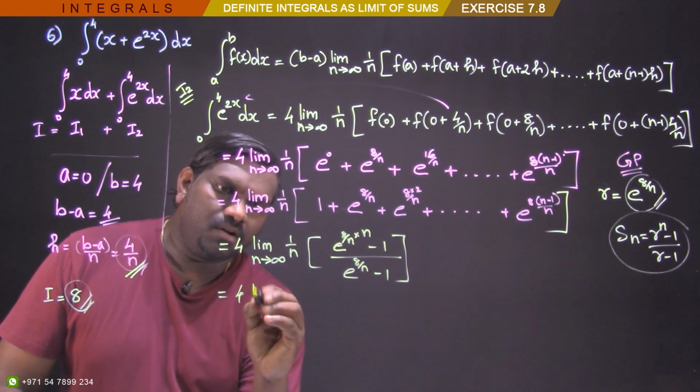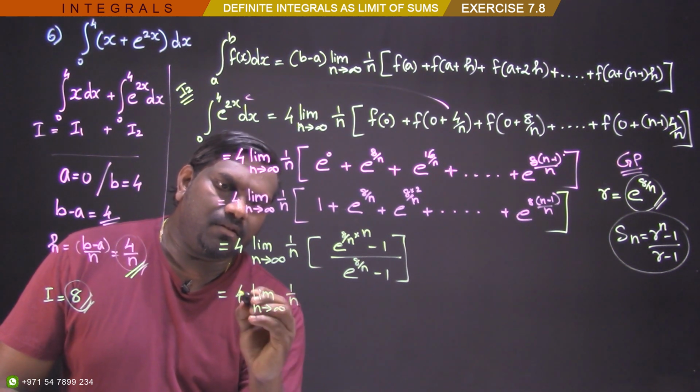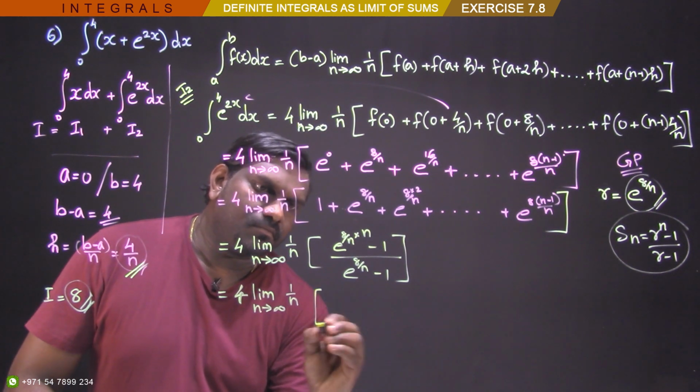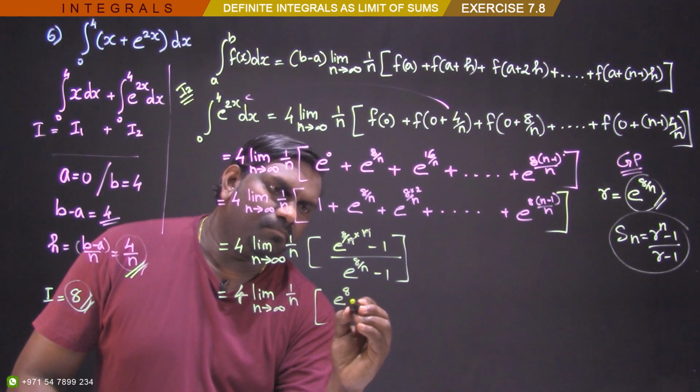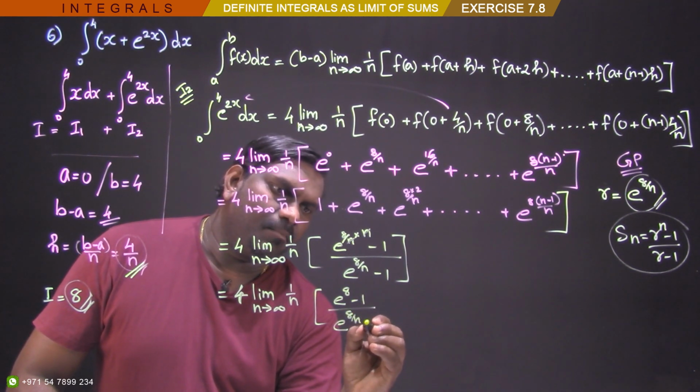So limit n tending to infinity, 1 by n, and here we can cancel the n, leaving (e to the power 8 minus 1) by (e raised to 8 by n minus 1).